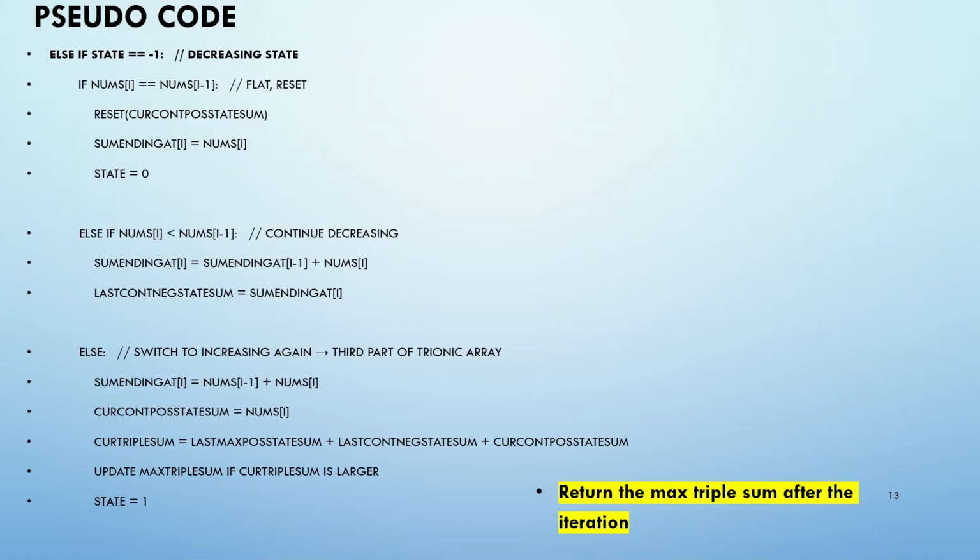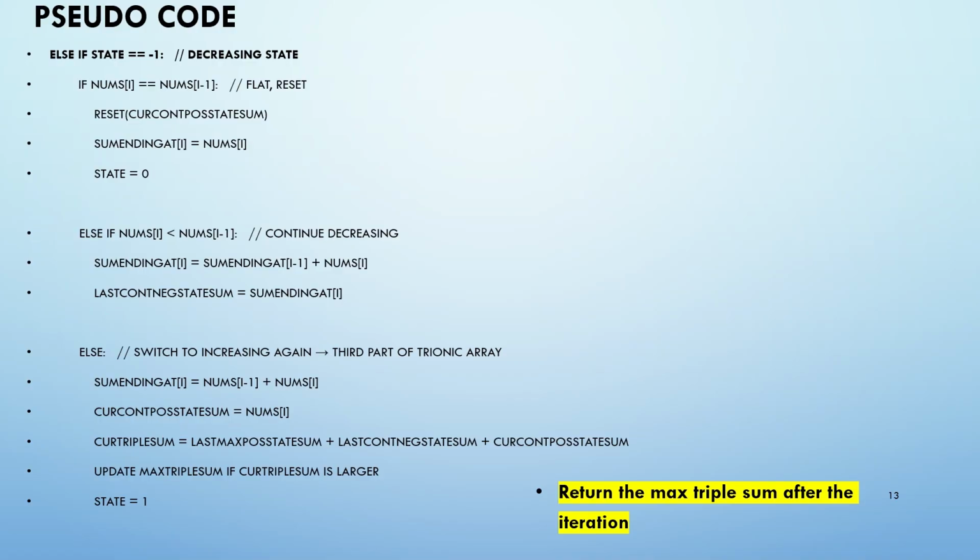So the current trend is positive, and the trend always consists of two elements. So unless you have two elements, you cannot say whether you are decreasing or increasing. So let's say you are at 2 and now you encounter 0 and then you encounter 5. So 2 to 0 is a decreasing trend, 0 to 5 is an increasing trend.